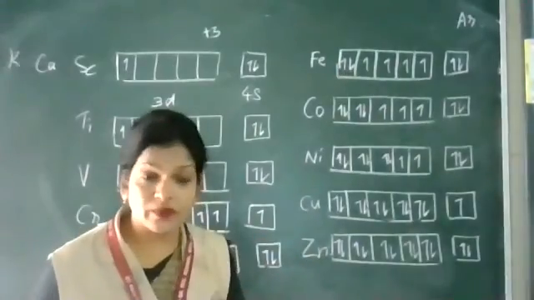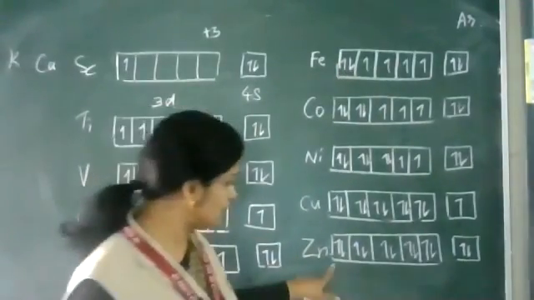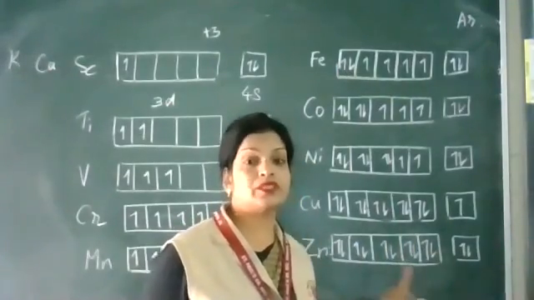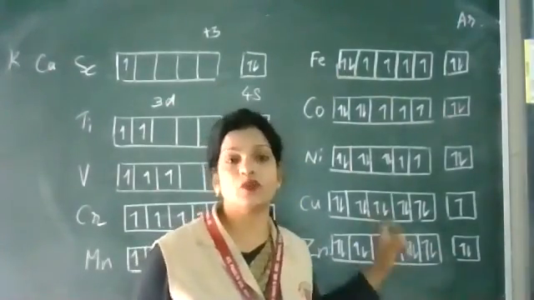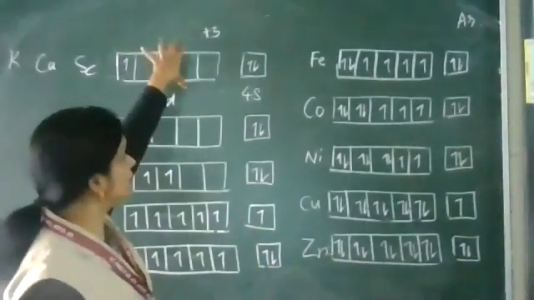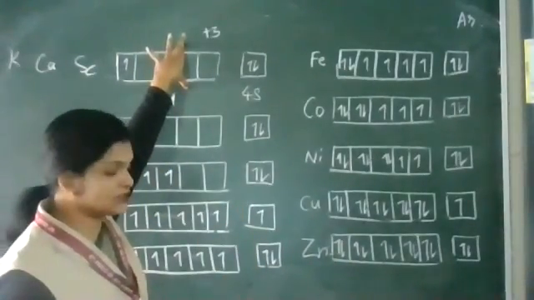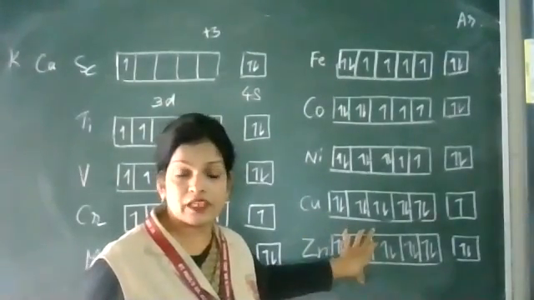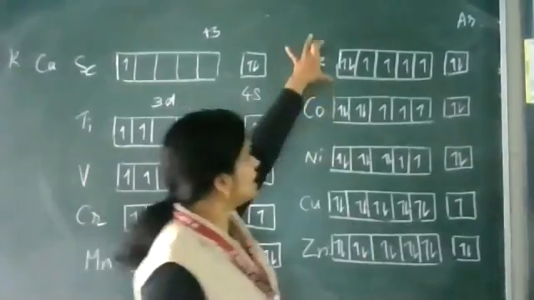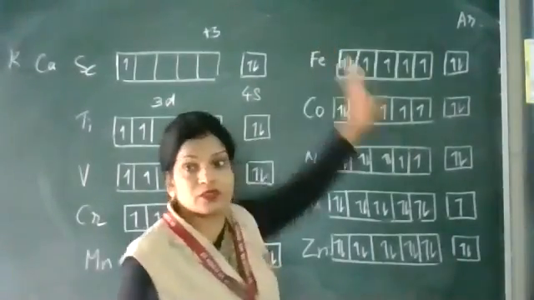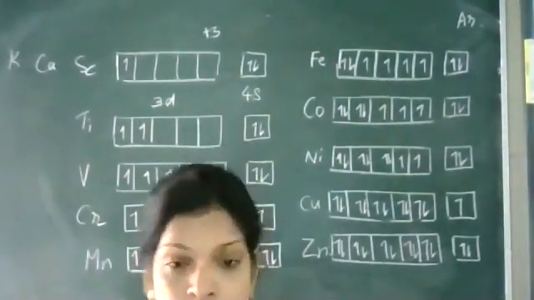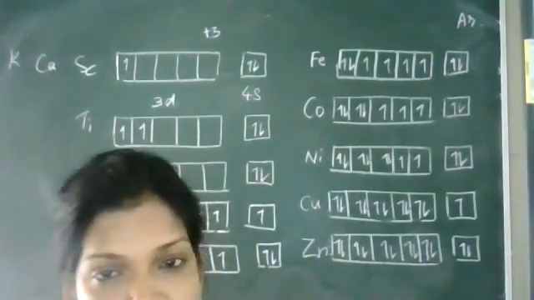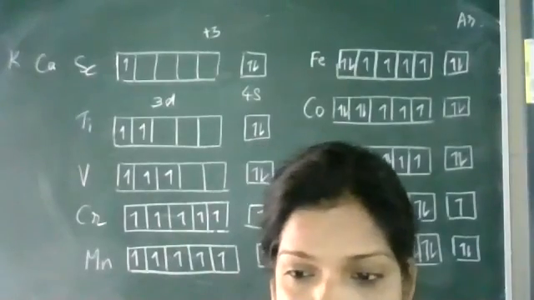Zinc +3 is very difficult, because to remove one more electron you have to disturb the d10 configuration. +3 is easy in the case of scandium, and difficult in the case of zinc. +3 is easy in the case of Fe because it is very easy to take out, meaning Fe will be attaining d5 configuration. Thank you.